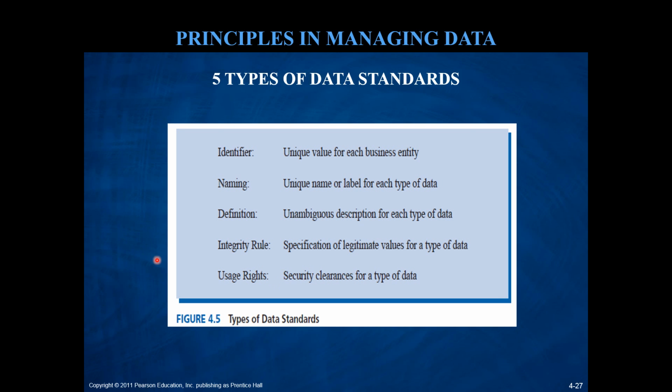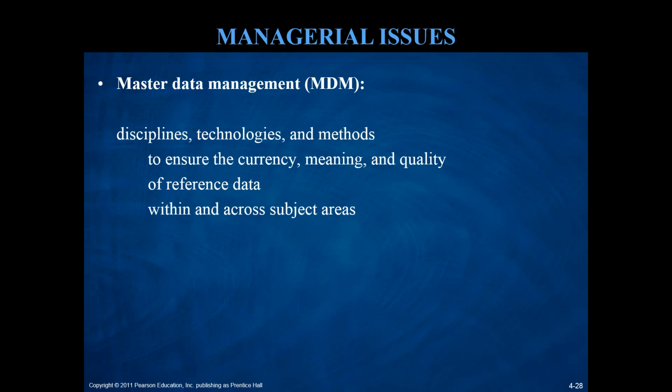Let's say a particular person in PR or marketing was not supposed to look at some of the latest patents of the R&D, research and development department, and this person somehow got a hold of them and published some PR articles in newspapers or magazines. That can have a profound negative impact on the competitiveness of the company when competitors know what kind of patents and technologies the company is researching. So usage rights need to be specified as a part of your collection of data standards.